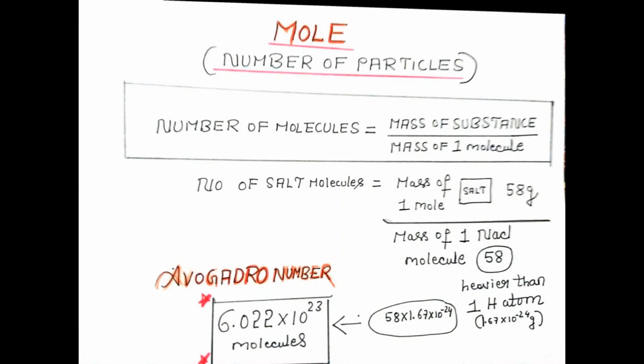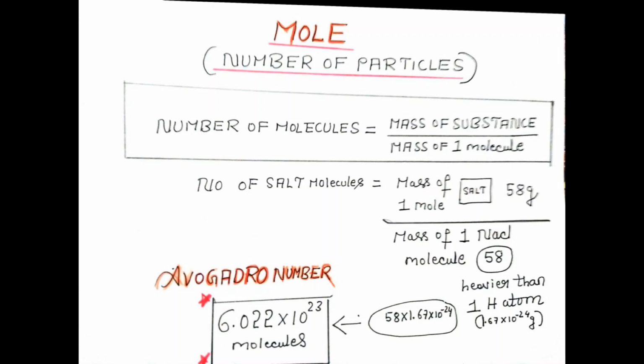But observe the denominator, 58 is heavier than 1 hydrogen atom. So if you multiply 58 into hydrogen atom mass 1.67 into 10 to the power minus 24, you will get the exact value 6.022 into 10 power 23 molecules.